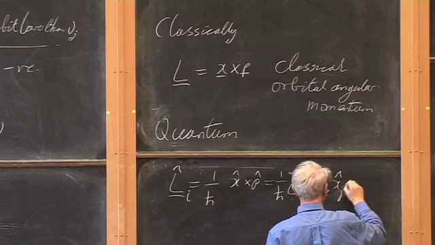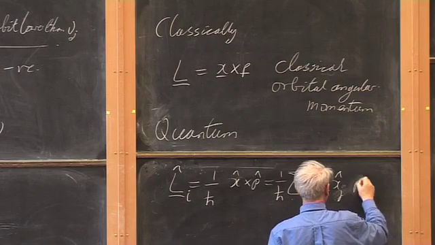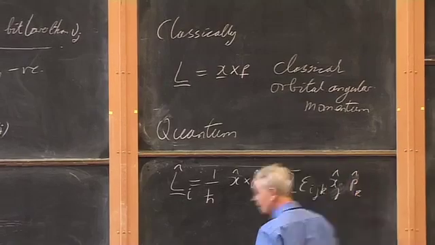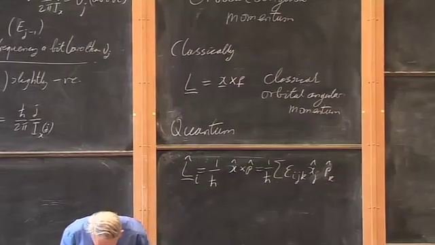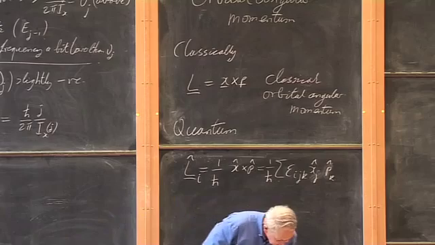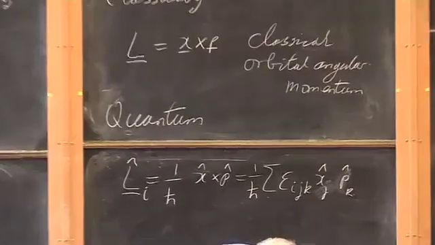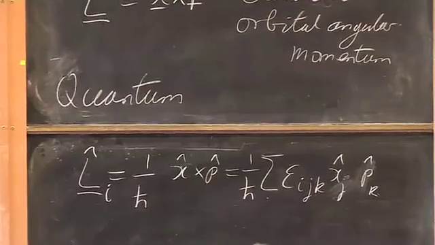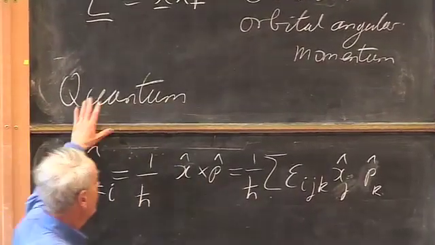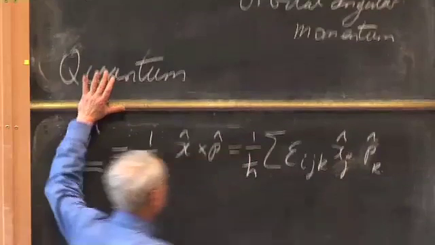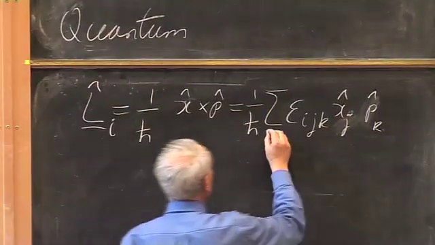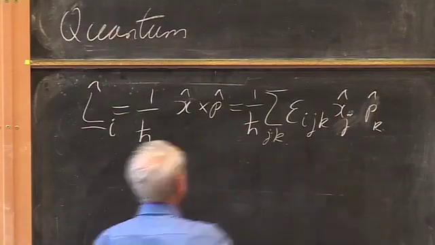Which way around do I want to do this? It doesn't actually matter how I do it, but for consistency, I should try and keep the same as we have here. Yes, that's consistent with what was done in the book. So this is summed over j and k.